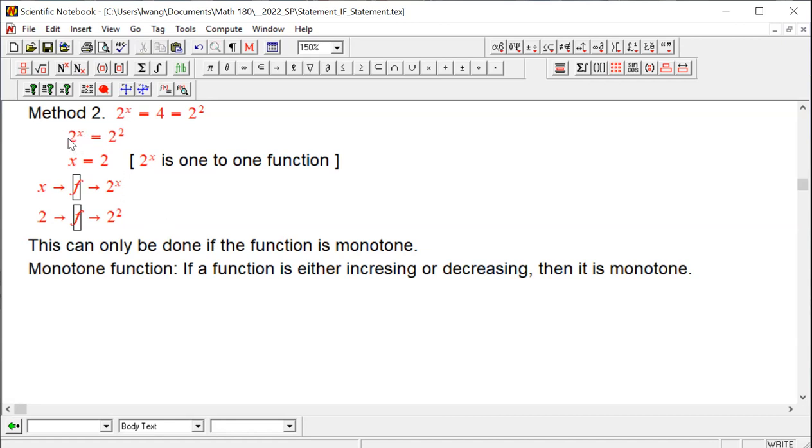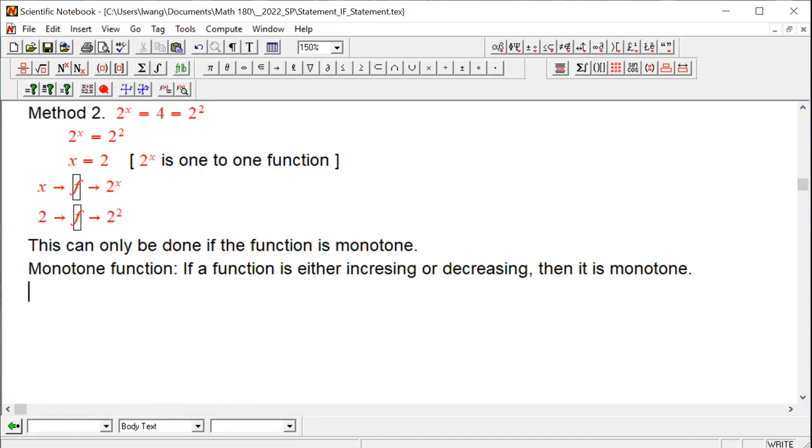It tells us the output are the same. These two have the same output. Do you follow me? Since it is a one-to-one function, if they have the same output, their input must be the same. Otherwise, it's not one-to-one, right? One-to-one function says different input must have different output. Now we have the same output and so the input must be the same. You see, that's the one-to-one function applied here.